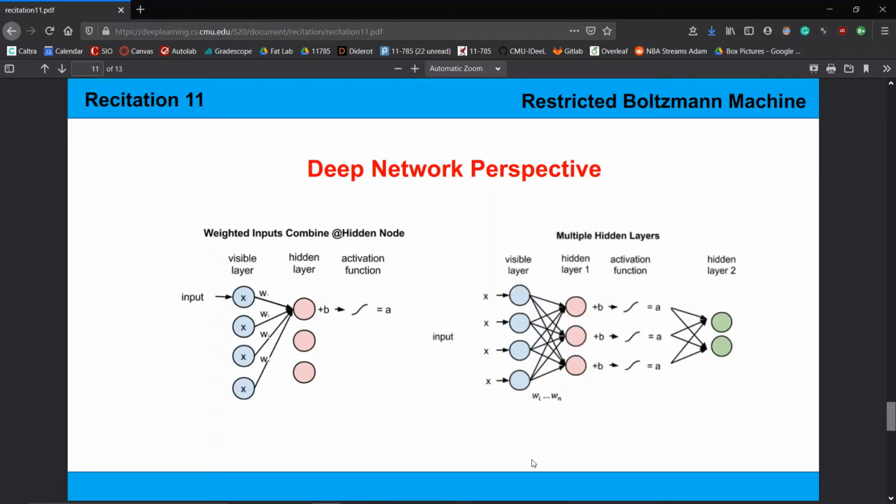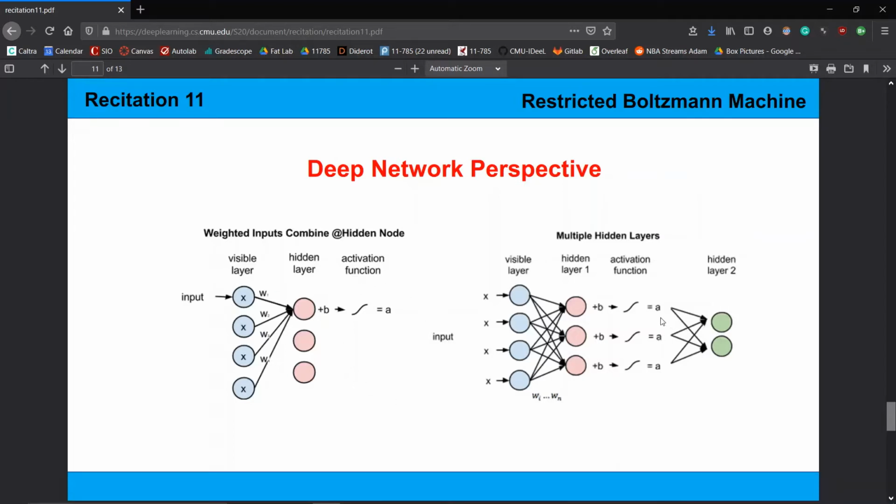Now we'll move on to deep Boltzmann machines, which have multiple hidden random variables in the network, whereas our RBMs did not. In this diagram, you'll see you have multiple hidden layers, versus where you just have a visible layer and a hidden layer followed by an activation function.